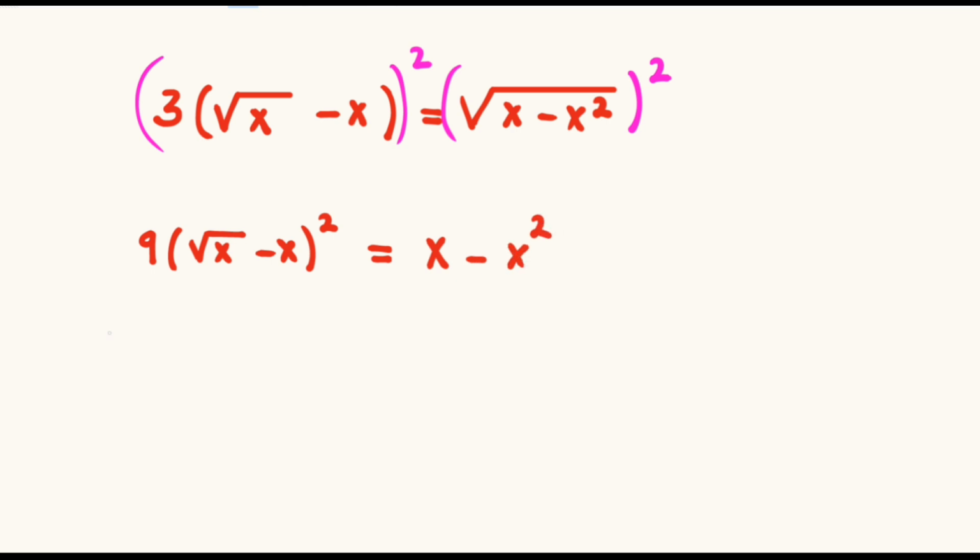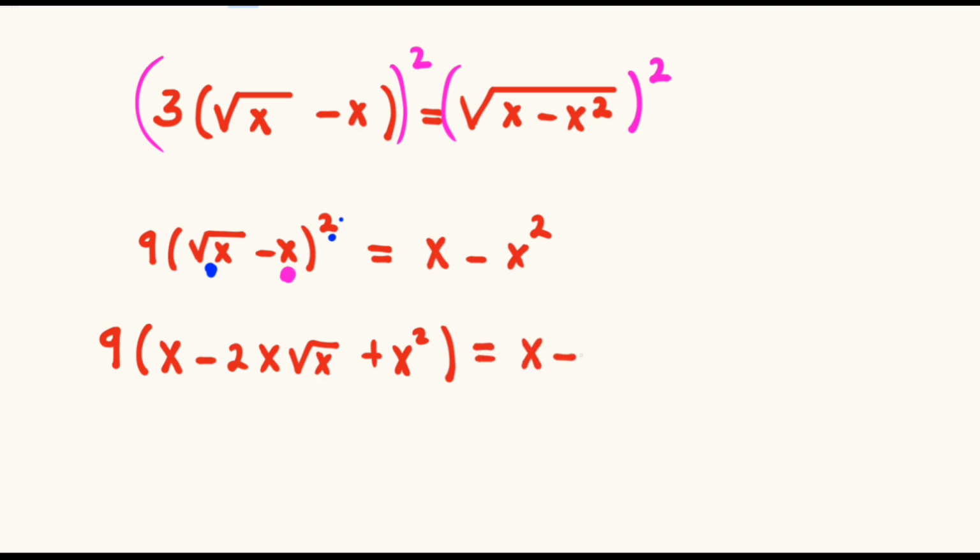So we end up with 9 into the square root of x squared will be equal to x, and the square root of the x multiplied by negative x multiplied by 2 will be equal to negative 2x multiplied by the square root of x. The negative x squared will be equal to positive x squared, and this is equal to x minus x squared.